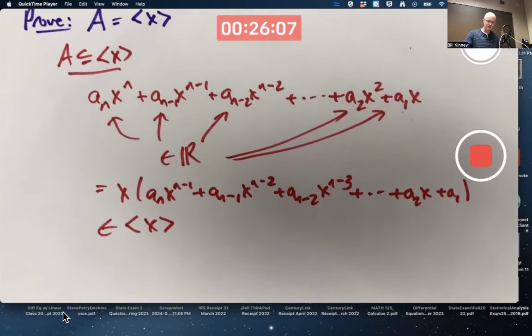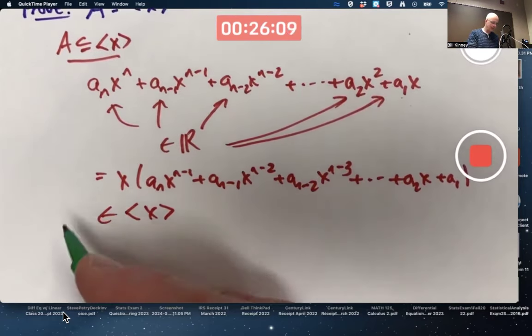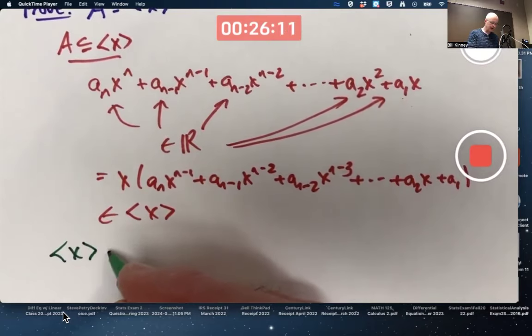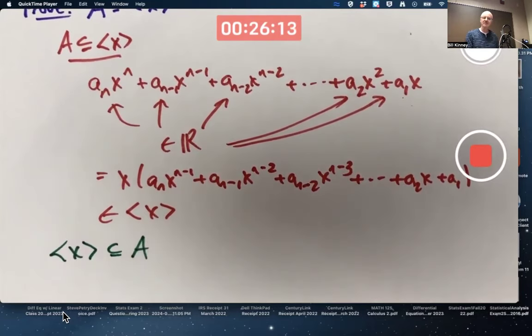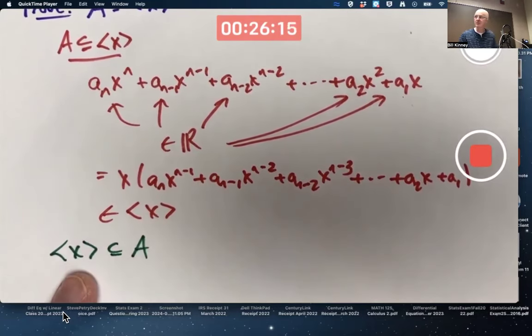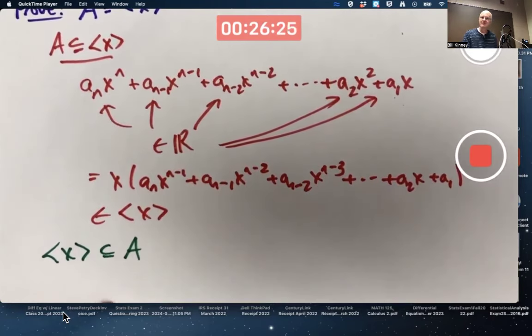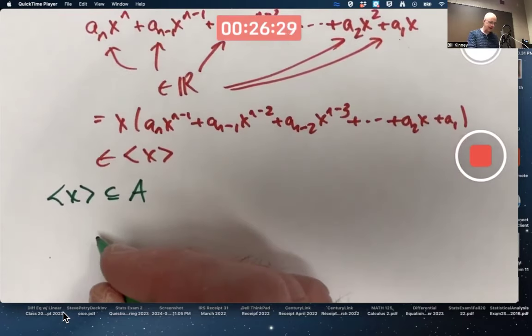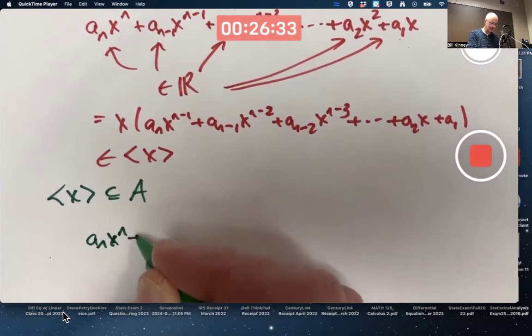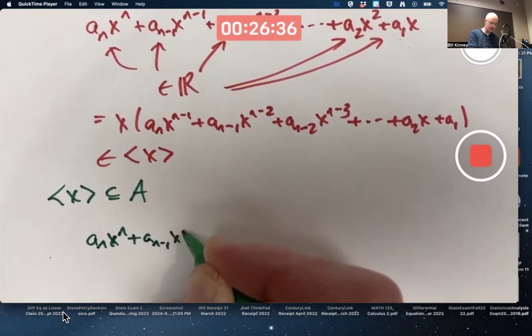What about the other inclusion? That the principal ideal generated by x is a subset of A. In other words, every polynomial multiple of x has a constant term of 0. Well, in essence, it's the reverse calculation, although maybe you'd use slightly different notation. Maybe you say, okay, I've got an arbitrary polynomial of degree n, and I'm multiplying it by x.